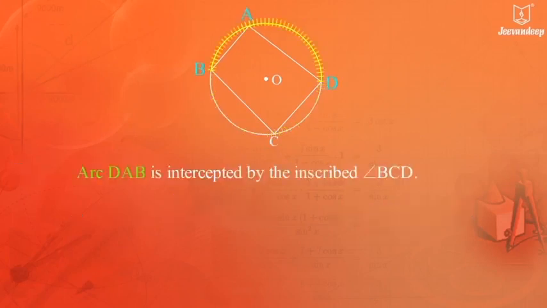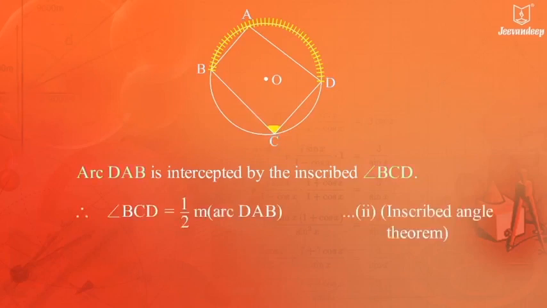Arc DAB is intercepted by the inscribed angle BCD. Therefore, according to the inscribed angle theorem, angle BCD equals half the measure of arc DAB. Equation 2.